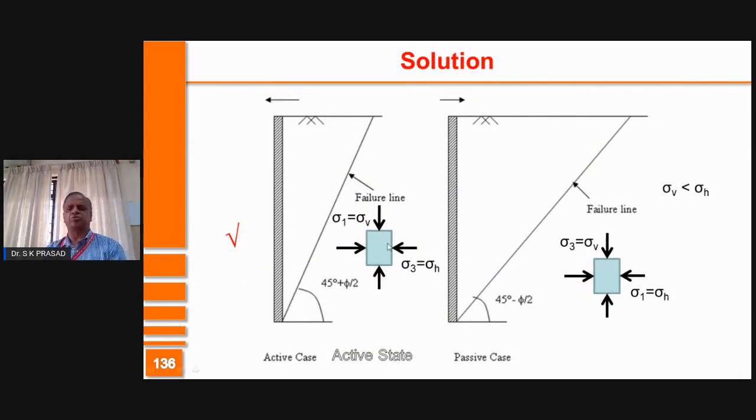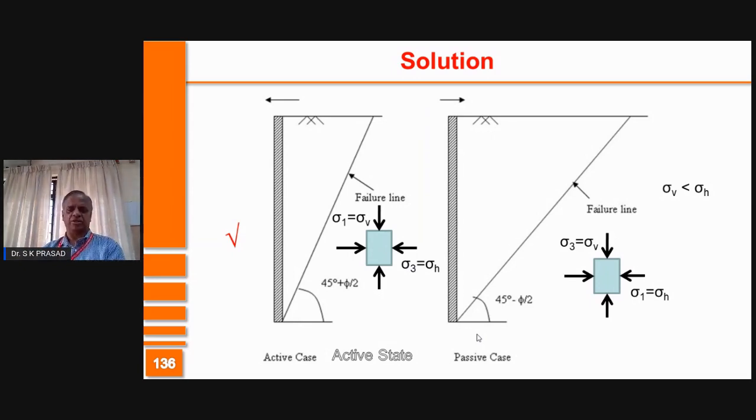So this is the active situation. On the other hand, in the passive situation, the major principal stress direction is at 45 minus phi by 2, and the minor principal stress will be at 45 plus phi by 2.